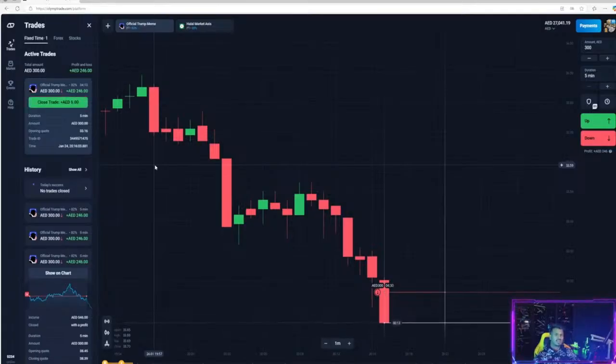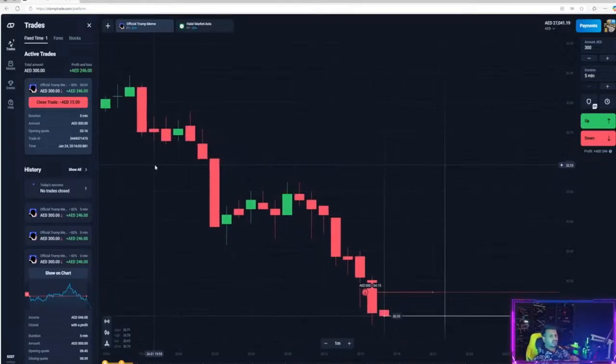So guys, as you can see, I can close this trade with a profit of plus 6 dirham, but right now it came a little bit on the upper side. So it's showing that if I close this trade, then I will lose only 18 dirham. So we are still in the profit. I will get 246 dirham in profit if I wait here. So obviously I will wait, but now it's showing loss.